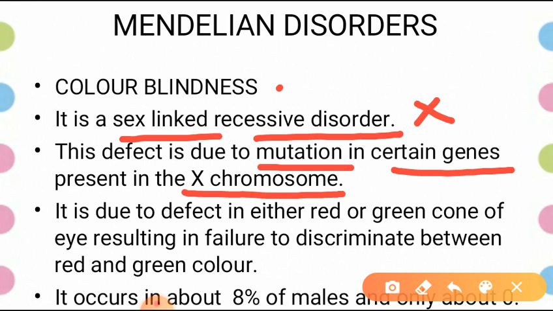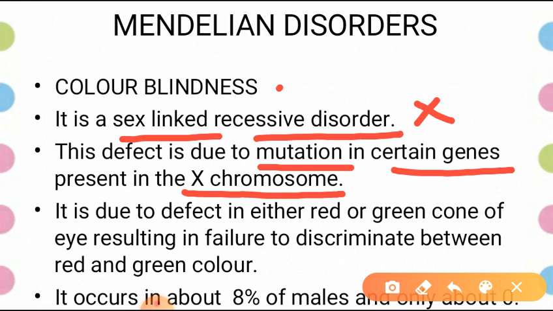So this disorder is caused by which one? Recessive allele. Under which condition will a recessive allele express? Only under homozygous condition. This is clear. Color blindness is an X-linked or sex-linked disorder. The disorder is because of a recessive condition.